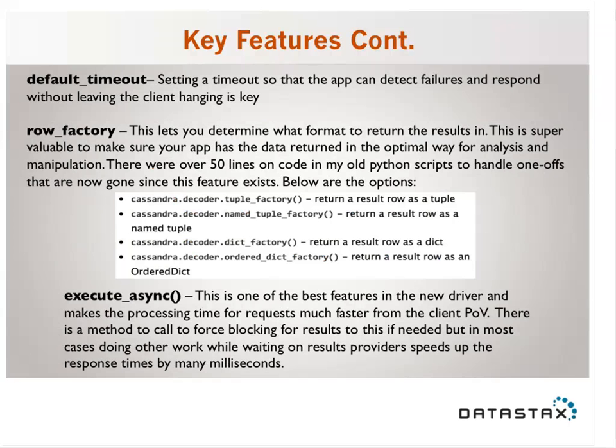You may not ever get a connection failure message back with the old way of doing it. This way you can set the timeout. It'll automatically detect the failure in that timeout range, and you'll immediately get a response telling you that it timed out, so that you can catch that error and let the client know there was something wrong rather than just letting it sit there and run.